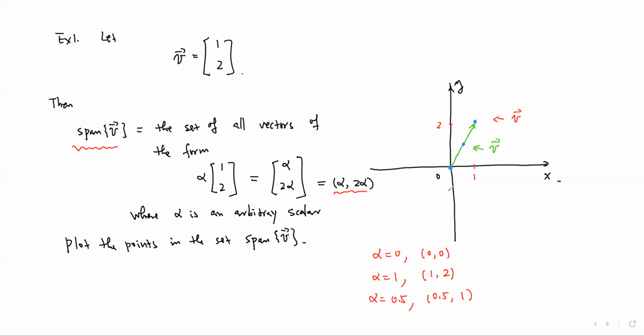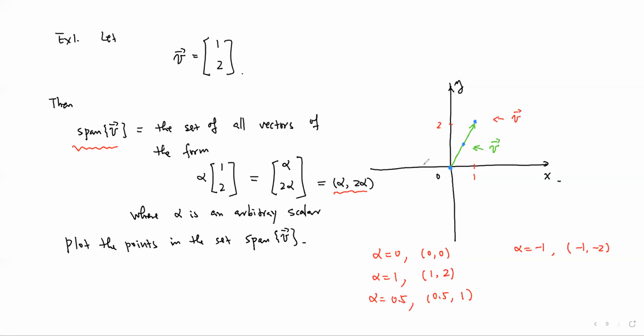How about some negative number? Say, for example, alpha is -1. Then the point is (-1, -2). The point is about here.